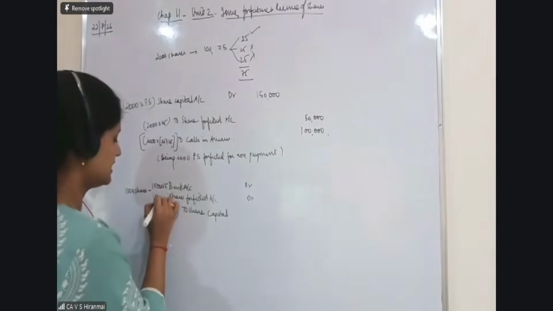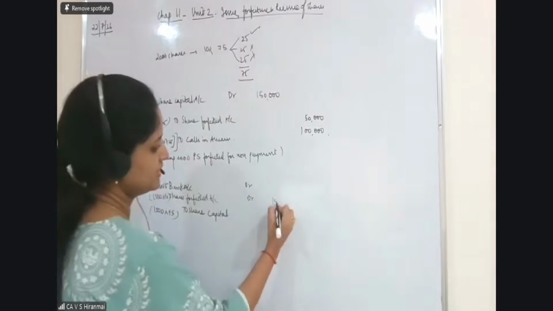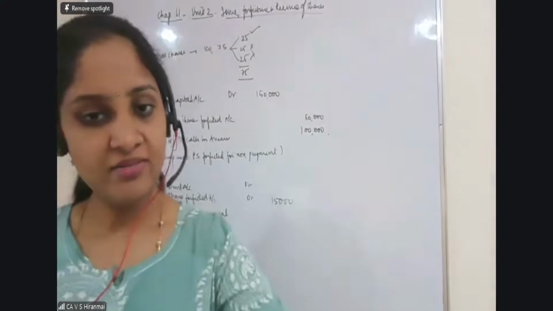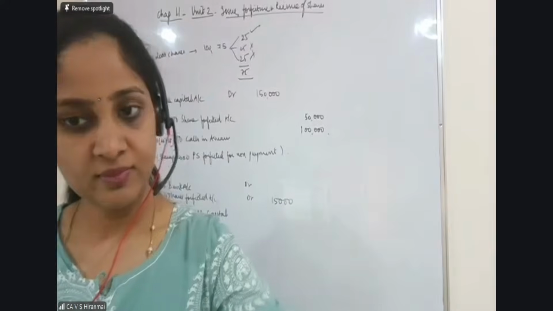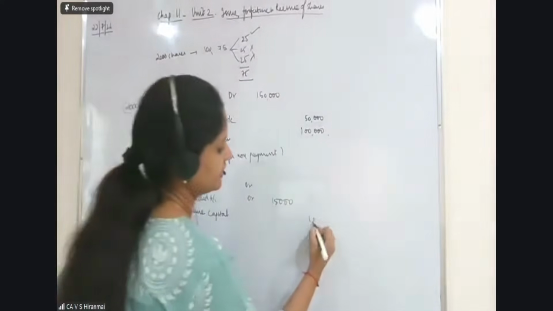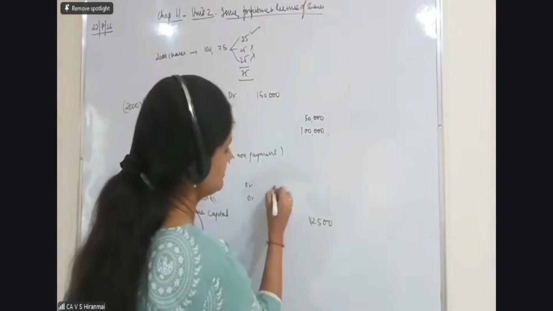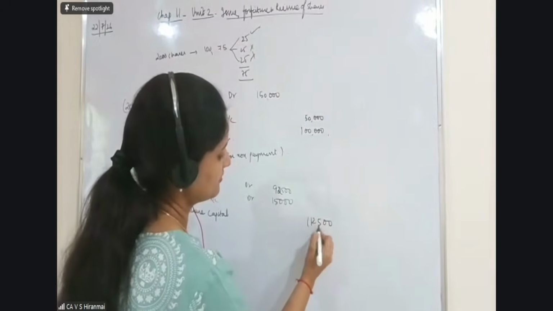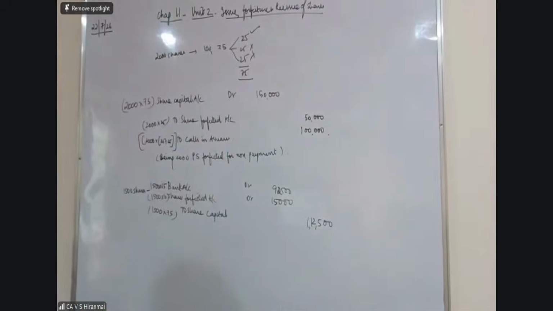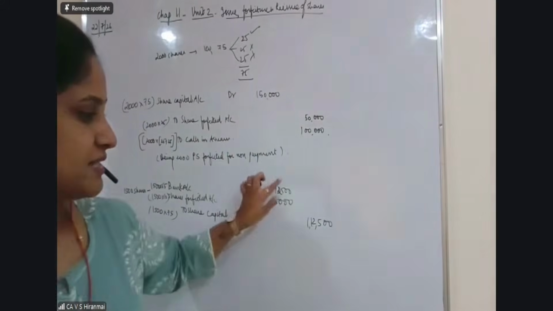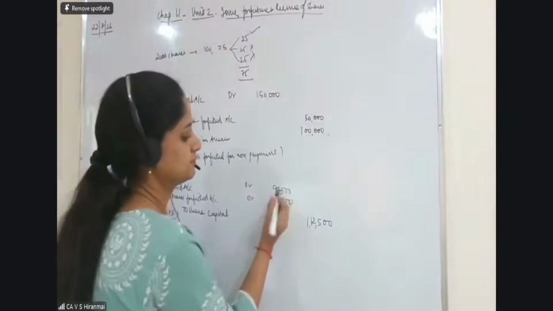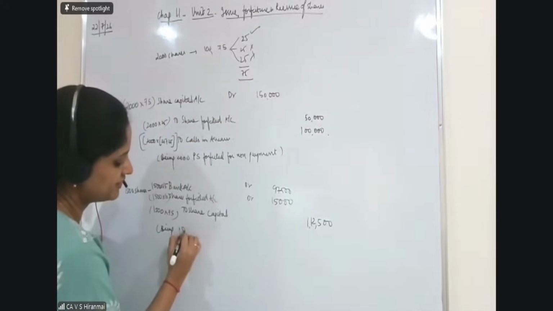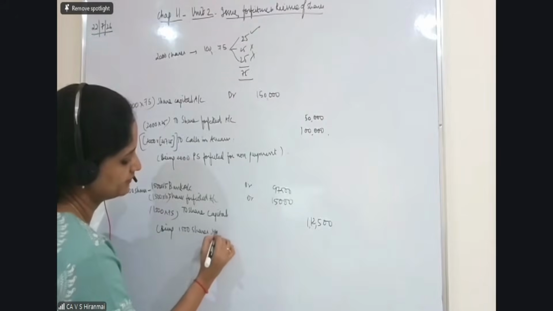So that becomes 1,500 into 10, which comes to 15,000. 1,500 into 75 will give me 1,12,500. This is 97,500. Okay, so this is being 1,500 shares reissued.